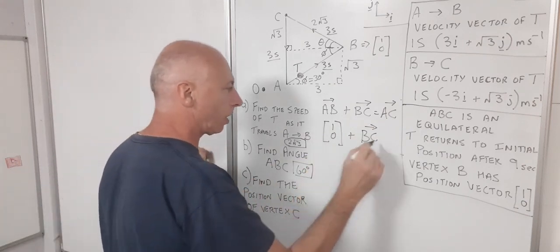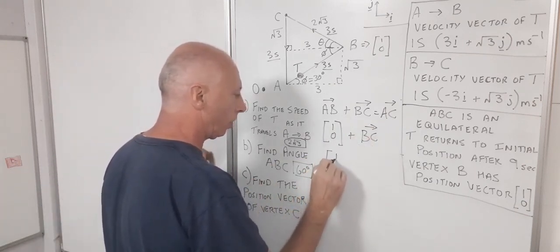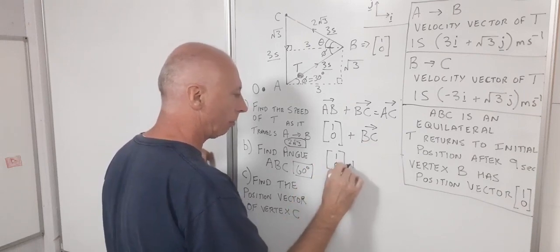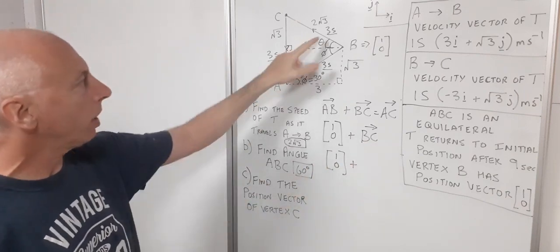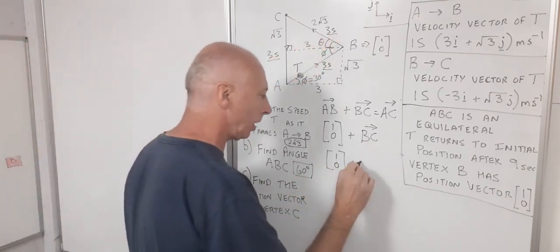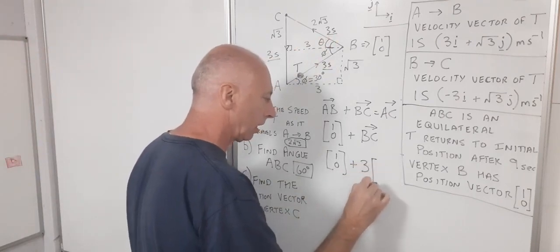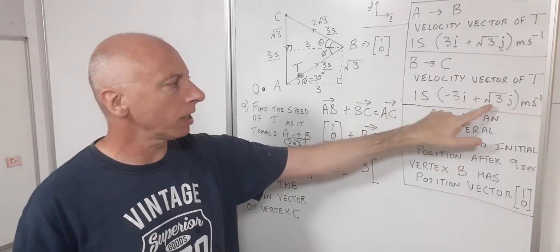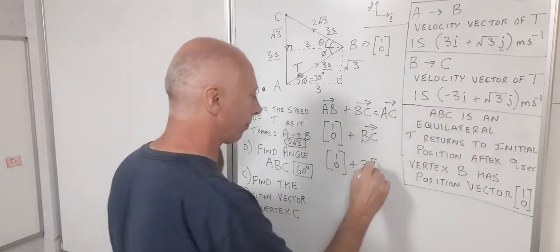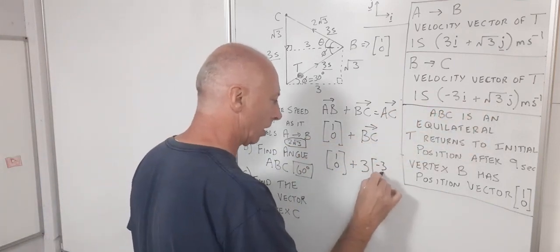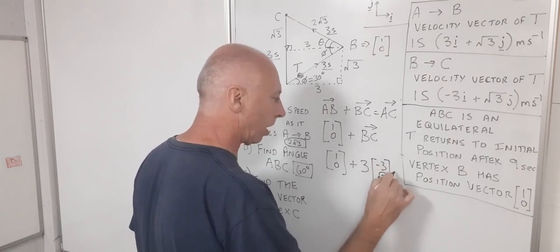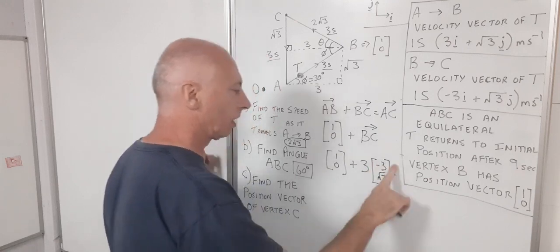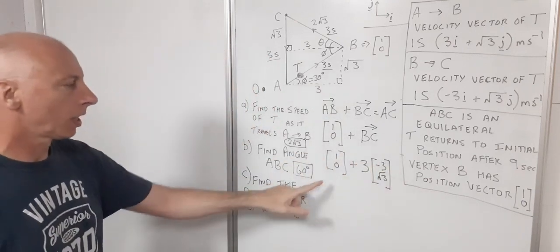So therefore we've got 1, 0 plus, well, it travels for 3 seconds, so that can be a scalar value. And the velocity vector from B to C is -3 and root 3. And that will give us our position at C. Let's just leave it like that for the moment.